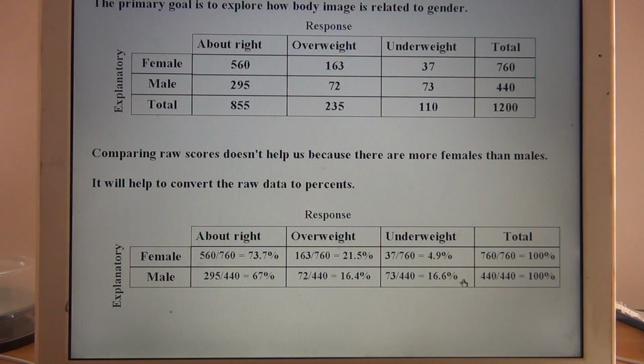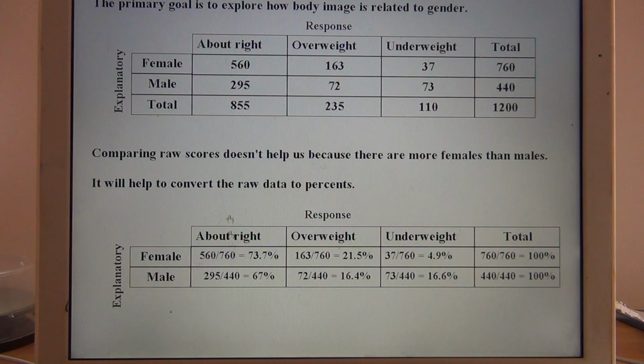Interesting. Okay, so this two-way table, or a table like this, is a very good way to take a look at data when you have a categorical explanatory variable and a categorical response variable. And the skill of taking the raw data, the raw number, and changing it into a percent is an important skill.